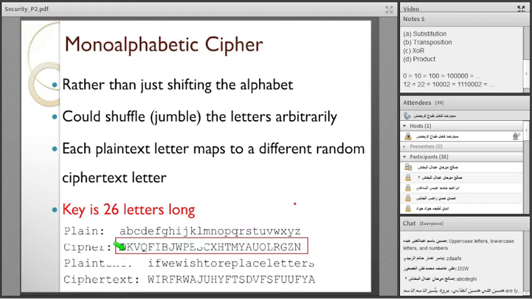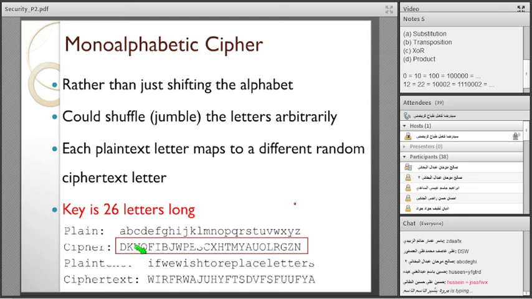Okay, so this is another way. Instead of the combination, in the previous methods you only had 25 different combinations.